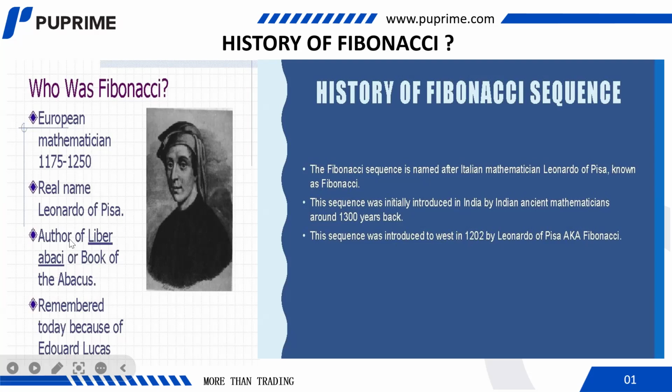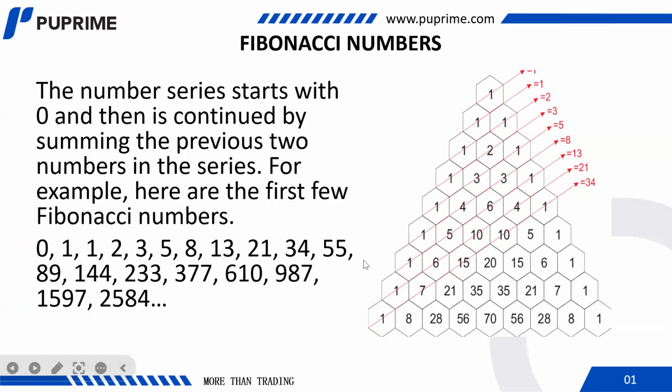He wrote a lot of books, and he is also the founder of the abacus, which is the mathematical way of doing arithmetic in those days. The Fibonacci sequence is named after him. The sequence starts with 1, then 0, and continues by summing, just like what I explained earlier.